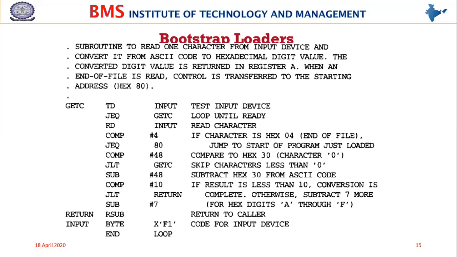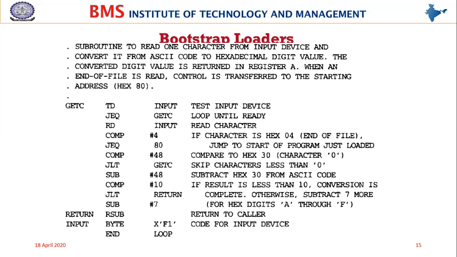If it is, we should stop reading, because we have reached the end of the operating system program. So we jump equal to 80. If the comparison says the character read is equal to 4, we stop reading and go back to the starting address where the execution began, that is 80. Note that 80 is written without a hash because it is an address, and 4 is written with a hash, which indicates that it is a value.